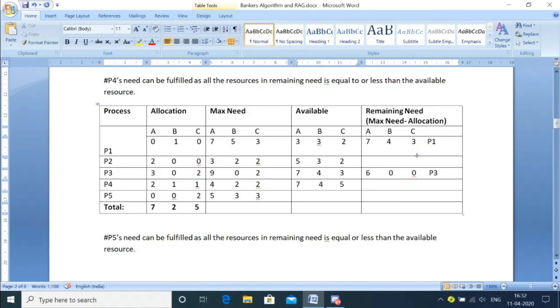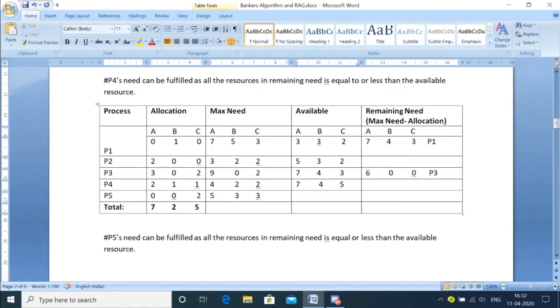Now, there is a competition between the two. Since we are following a pattern, once P5 is done, we are going back to P1 again. Now we will compare again with P1. I need 7 instances of A. I have 7 instances of A. No problem. I need 4 instances of B. I have 4 instances of B. Not an issue.